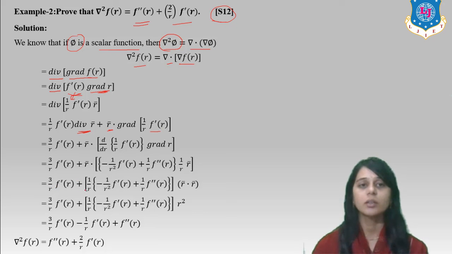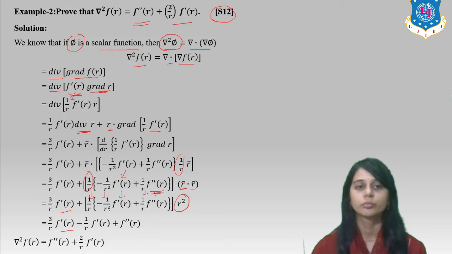3 by r f dash r, plus (minus 1 upon r square f dash r plus 1 upon r f double dash r) times 1 upon r r bar. For this case, there is r bar into r bar. 3 by r f dash r, minus 1 upon r square as it is, f dash r as it is, 1 upon r as it is, f double dash r. r bar into r bar is r square. 3 by r f dash r minus 1 upon r f dash r, because r square is cut, and r is cut, so we have only f double dash r.